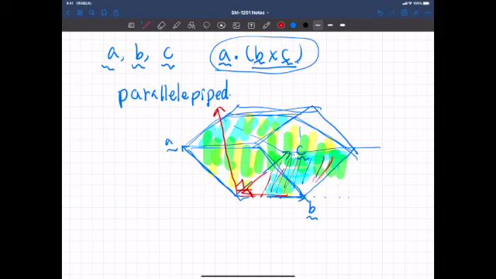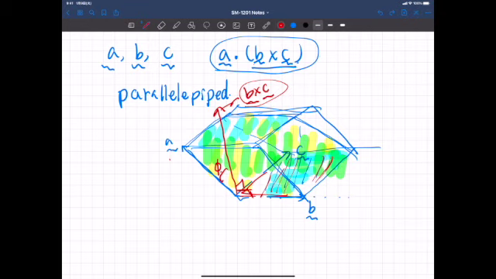So this is B cross C. If we take the dot product between A and B cross C, then what is that? Okay, so there should be some angle between A and B cross C. Let's call it phi.